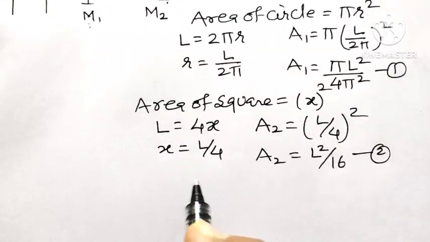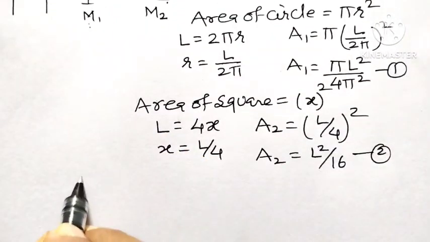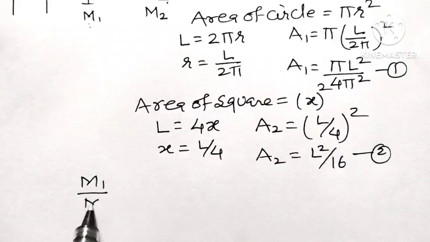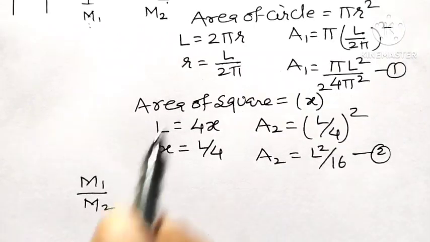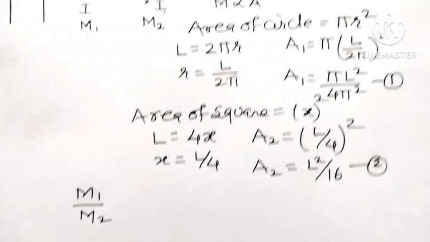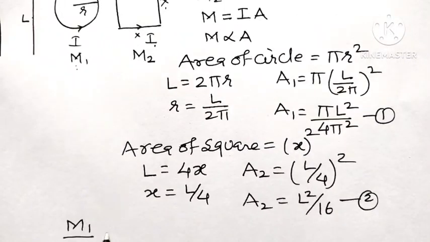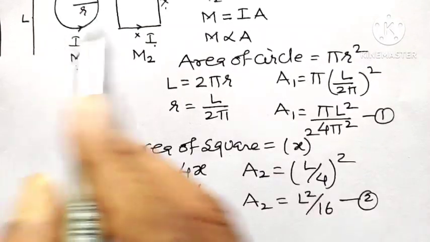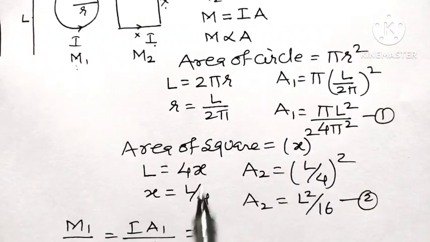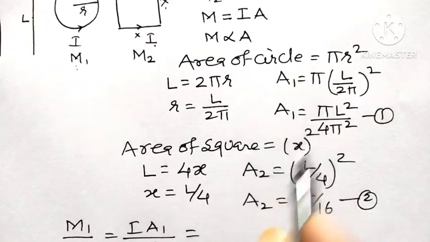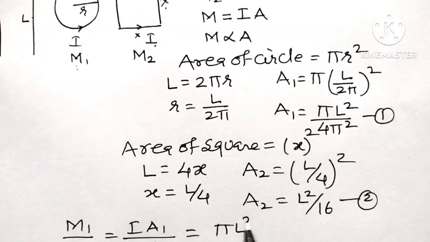Now the ratio of the magnetic moment of the circle to that of the square, m1 upon m2. Because m is directly proportional to area, you can write m1 is equal to I A1 and m2 is equal to I A2. Both circle and square carry the same current, so that is equal to the area of the circle, pi L square divided by 4 pi square, upon the area of the square, L square divided by 16.